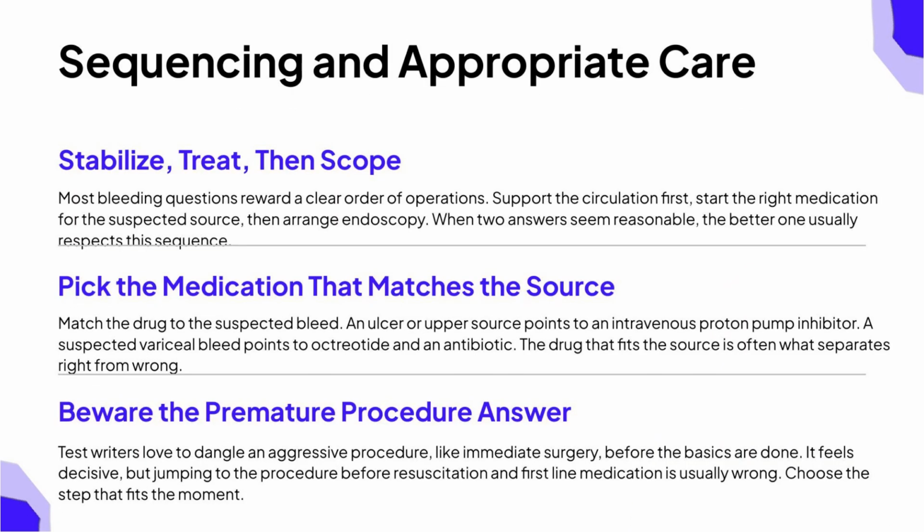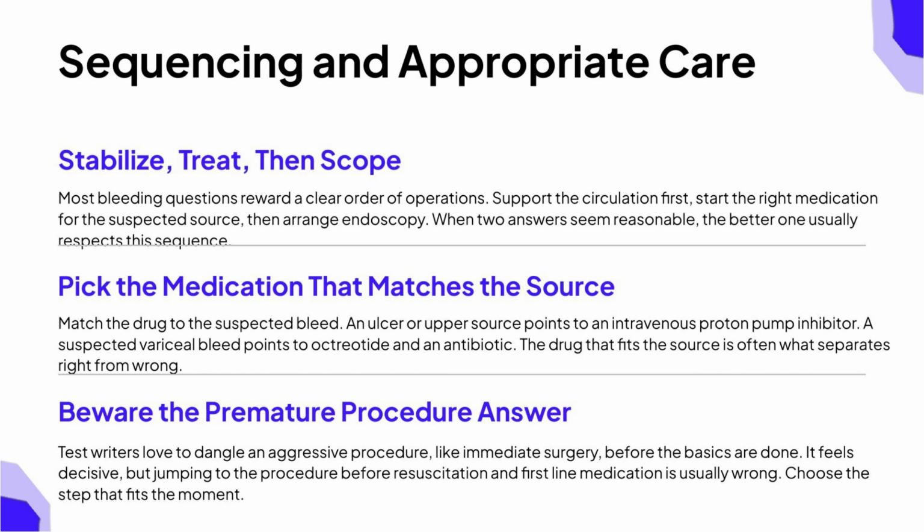Strategy 3 is about sequencing and appropriate care, which step 3 weaves into a huge number of bleeding questions. First, remember the order of operations: support the circulation, start the right medication for the suspected source, and then arrange endoscopy at the appropriate time. When 2 answer choices both look medically reasonable, the better answer is usually the one that respects this sequence instead of skipping a step.